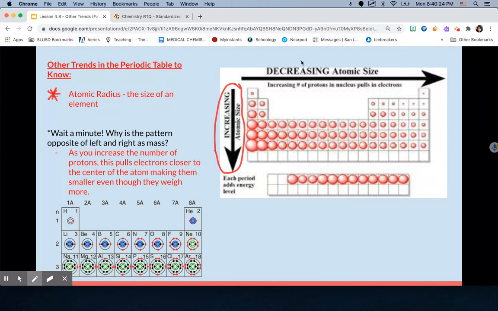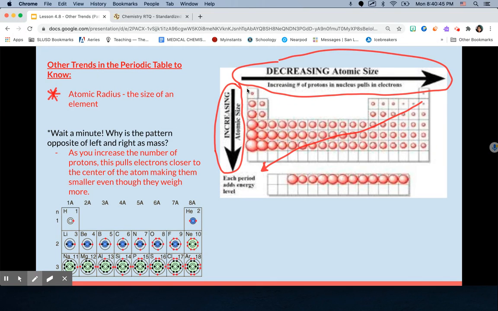But on the other hand, you also need to know that atomic size decreases the further you go to the right. Right? I find this image kind of confusing. Here's how I would write it.